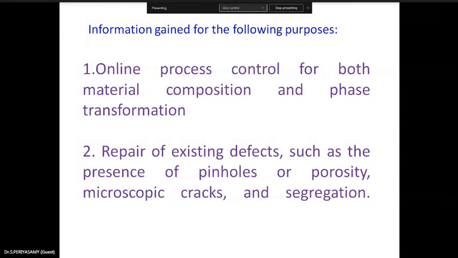You are depositing material on the substrate layer by layer, so it may have a poor surface finish. If you are seeing or touching it, it will feel very fine. But if you go for nano level analysis, you can see the surface finish is low. This is how it's happening.